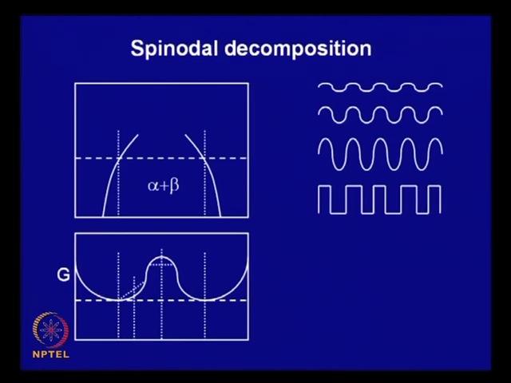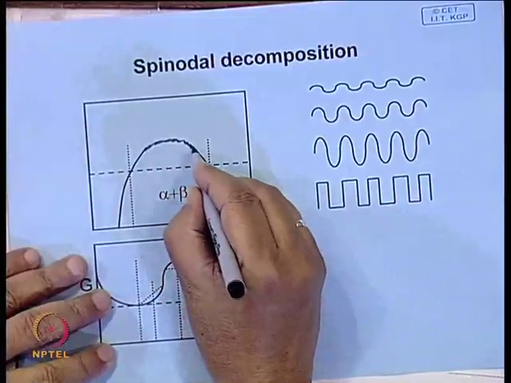Now, a quick look at another method of precipitation, which is called spinodal decomposition. It does not take place in all alloys, it typically takes place in alloys where you have a miscibility gap, something like this.